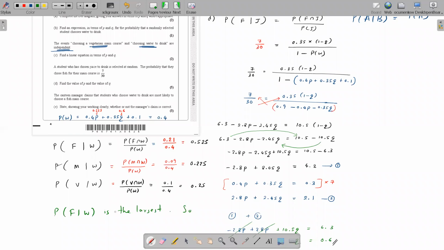So the manager's claim is correct. If you didn't find the other two, you could say fish given water is 0.525, which is bigger than 0.5. Therefore this value is the largest and the manager's claim is correct. You can do that without finding the other probabilities.